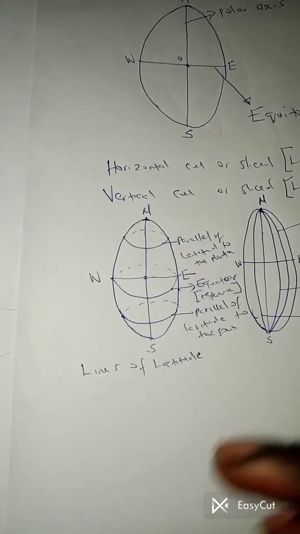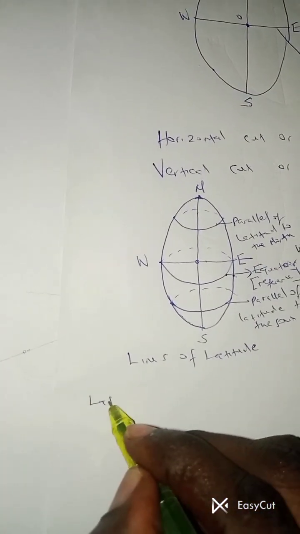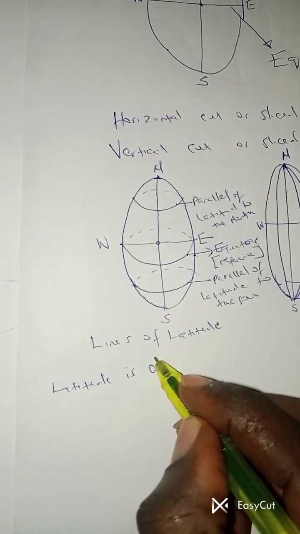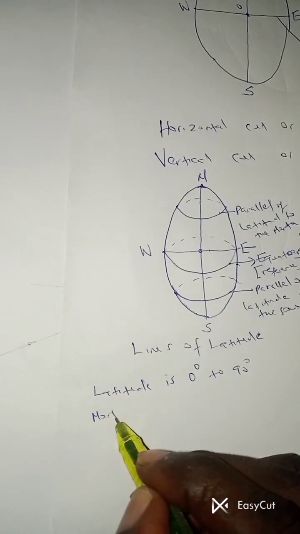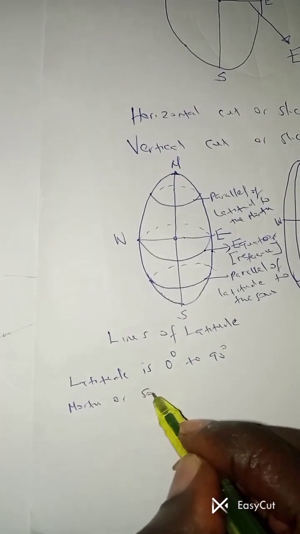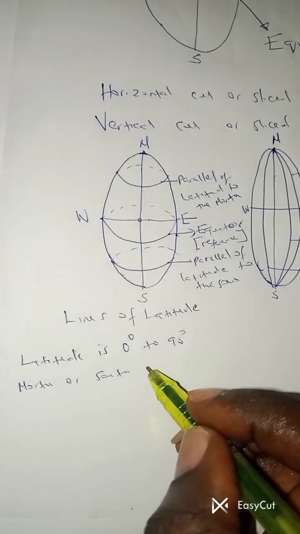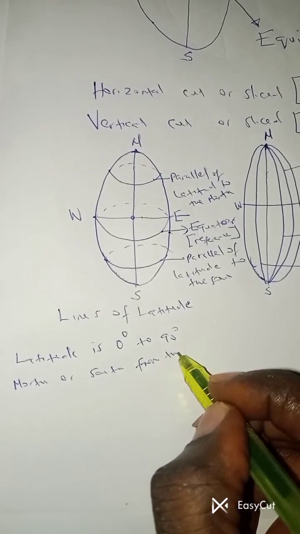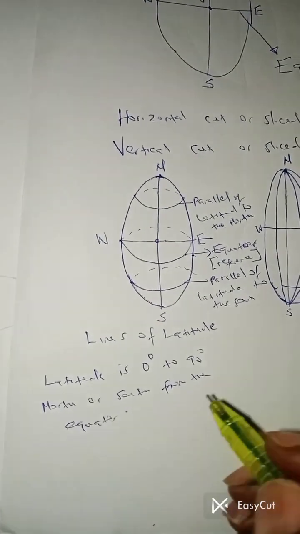So now the next thing we are going to look into, and also remember that lines of latitude is 0 degrees to 90 degrees north or south from the equator. The equator is the reference point.